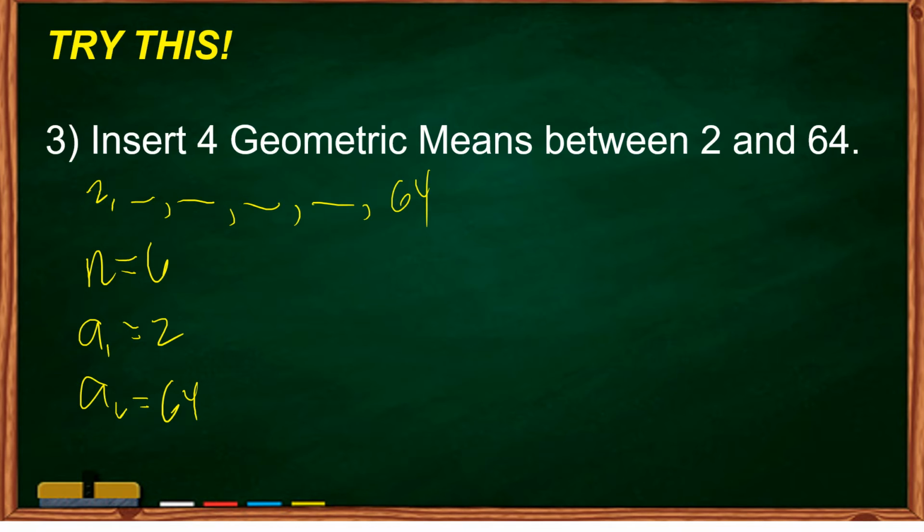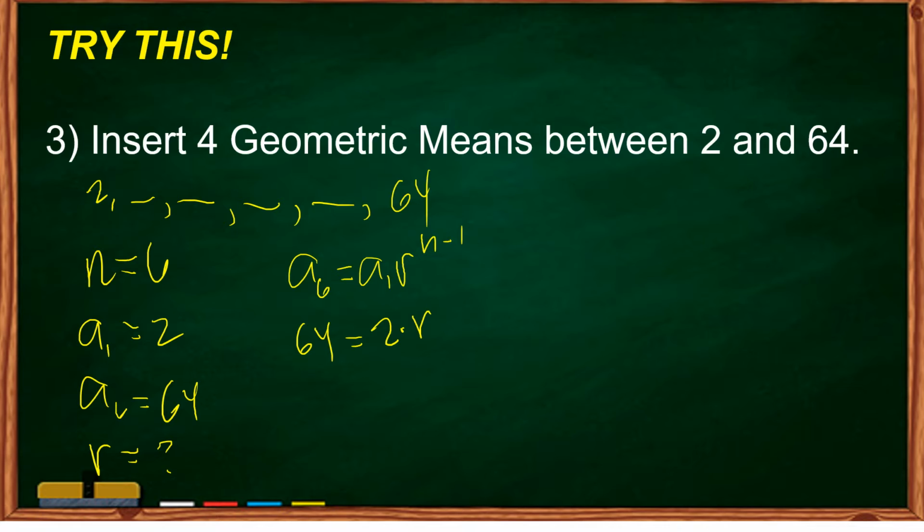So we need to find the common ratio in order to insert geometric means. So we do not know the common ratio. So we use the formula a sub 6 equals a sub 1 times r raised to n minus 1. Then we have 64 equals 2 times r, since the common ratio is not given.